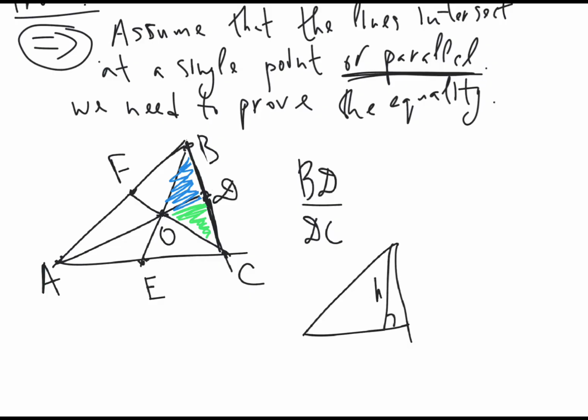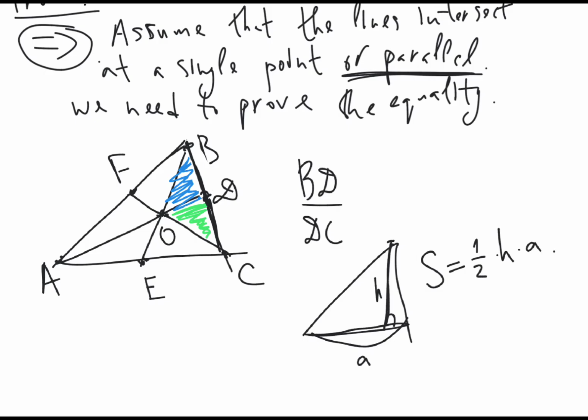the area of a triangle, so if this side is A and the altitude is H, then the area of the triangle is equal to 1/2 of H and A, right?